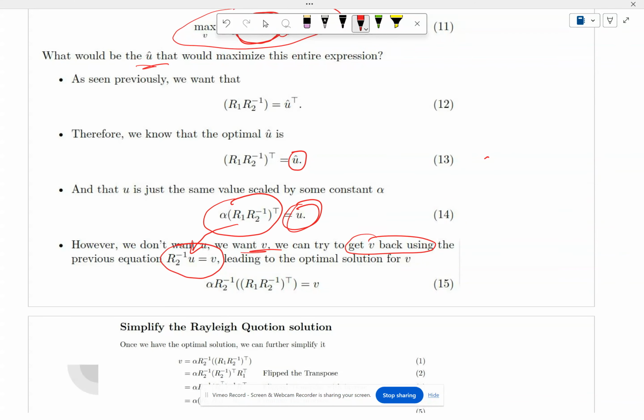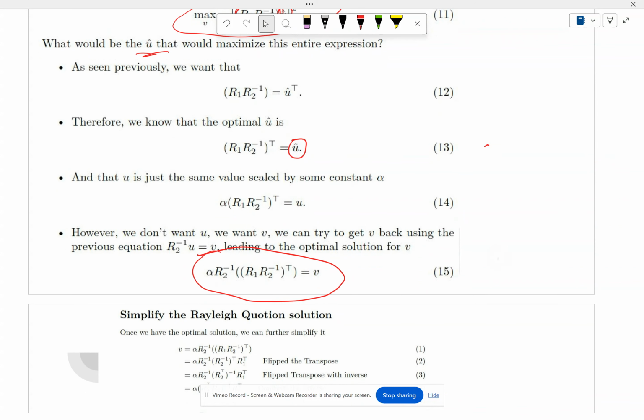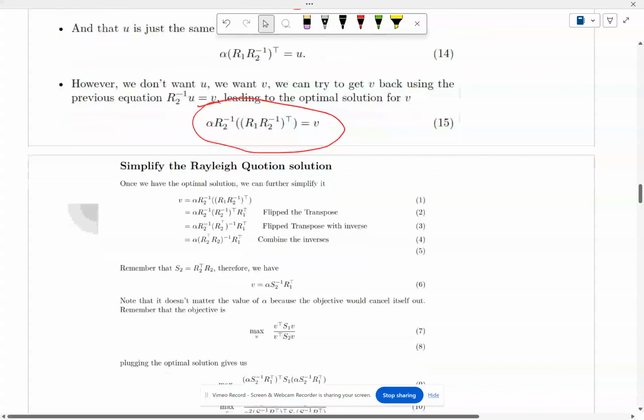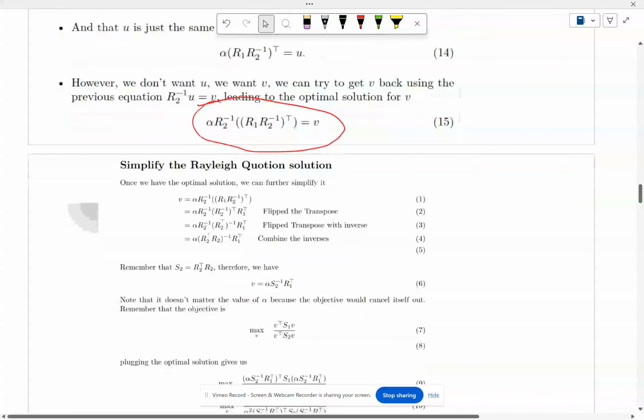So this is the optimal u. If we have the optimal u, we plug it in here. Now we can get v. So we now have an expression of the optimal solution. Now, this is the optimal solution, but we can always make this look a little bit nicer. So let's take a look.